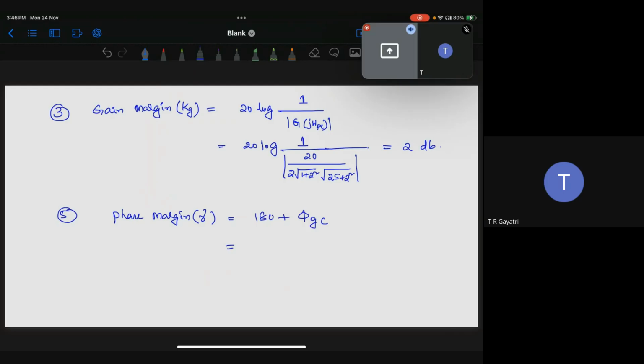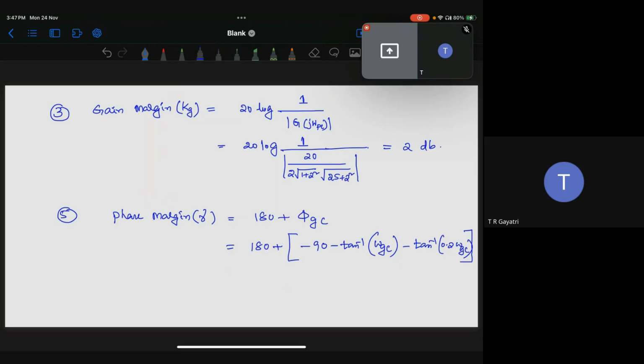So first, what is phi GC? 180 plus phi GC: minus 90 minus tan inverse, wherever there is an omega, substitute omega GC, minus tan inverse 0.2 omega GC.